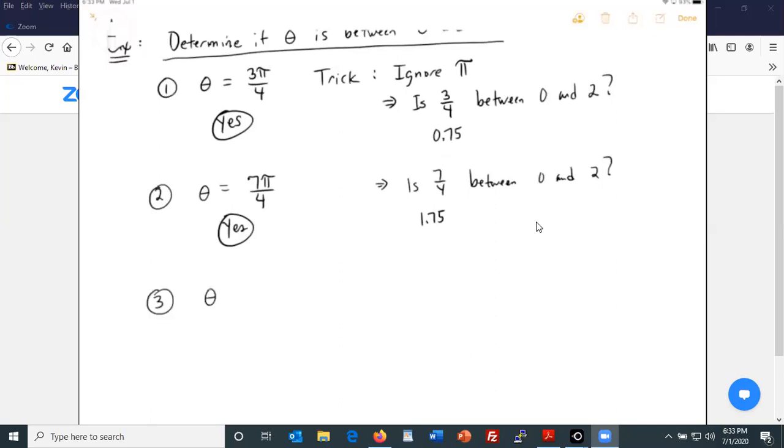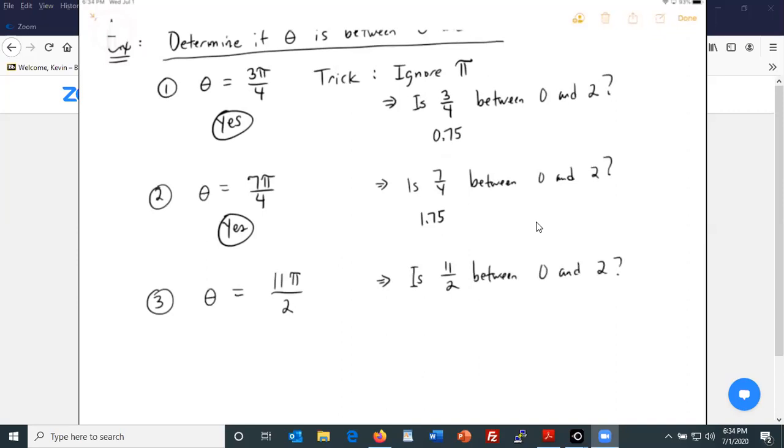All right, one more. How about a theta of 11 pi over 2? So again, all you need to think is this question. Is that 11 over 2 that I see there, ignoring the pi symbol, between 0 and 2?